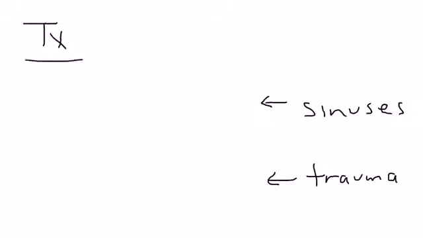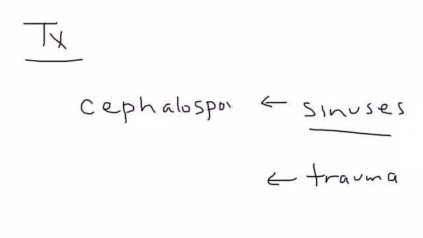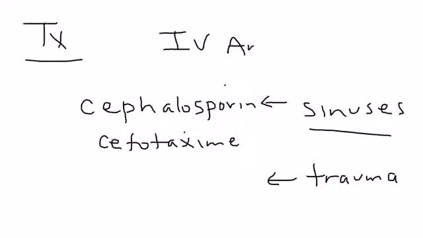In this case, you treat the patient with antibiotics that also cover meningitis, because you are afraid that it might spread to that. Most commonly cefotaxime. And these antibiotics are given IV.